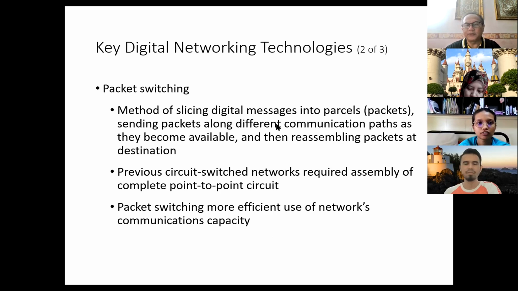Okay, packet switching. Previously, we had the circuit switch network, and then prior to the advent of the internet, they created this packet switching model. Packet switching is where they slice the digital message into parcels, pass it along the communication path and reassemble them back.